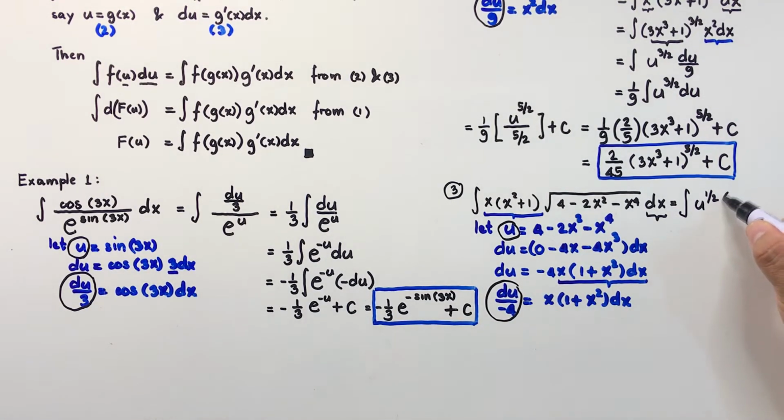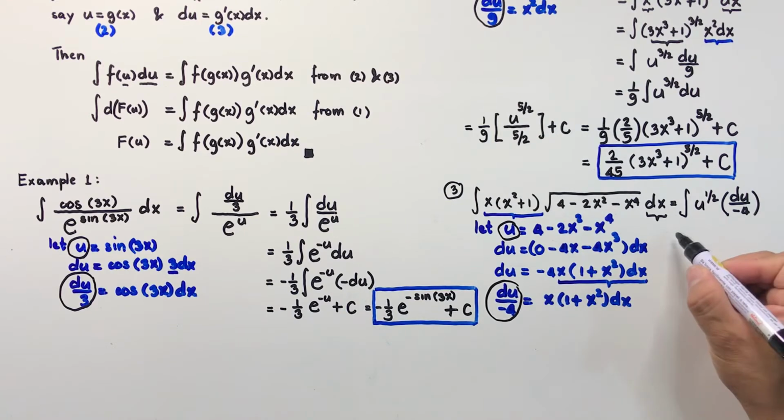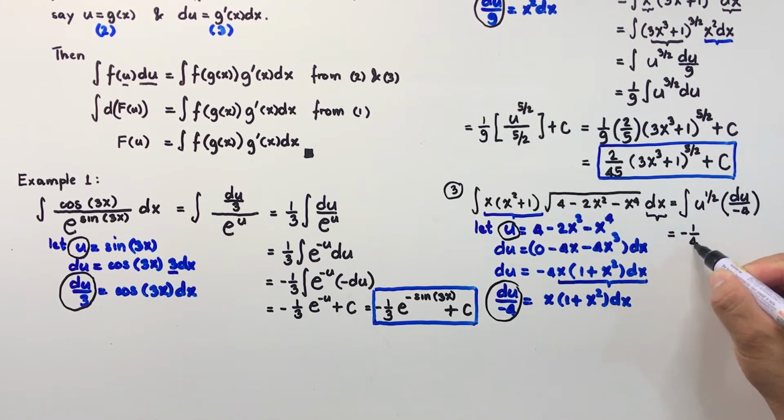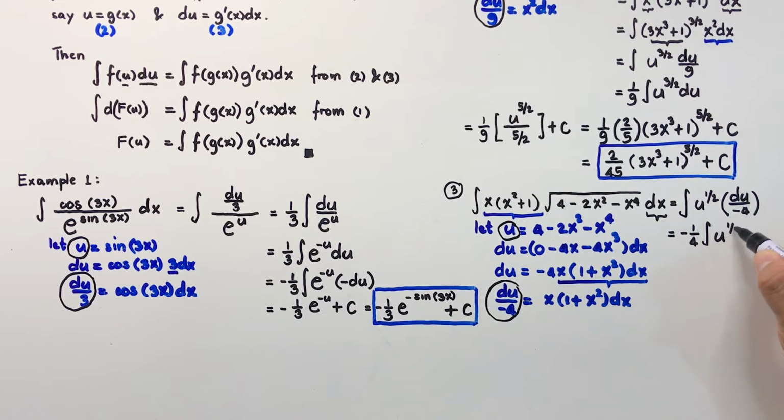So instead of writing that, we will write du over negative 4. And factoring the negative 1/4 out, we have negative 1/4 times the integral of u to the 1/2 du.